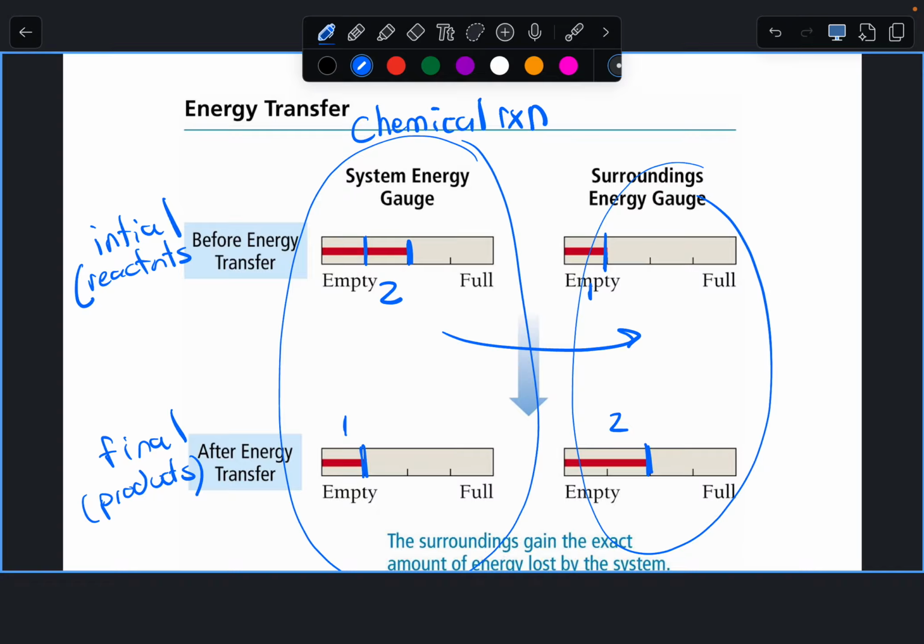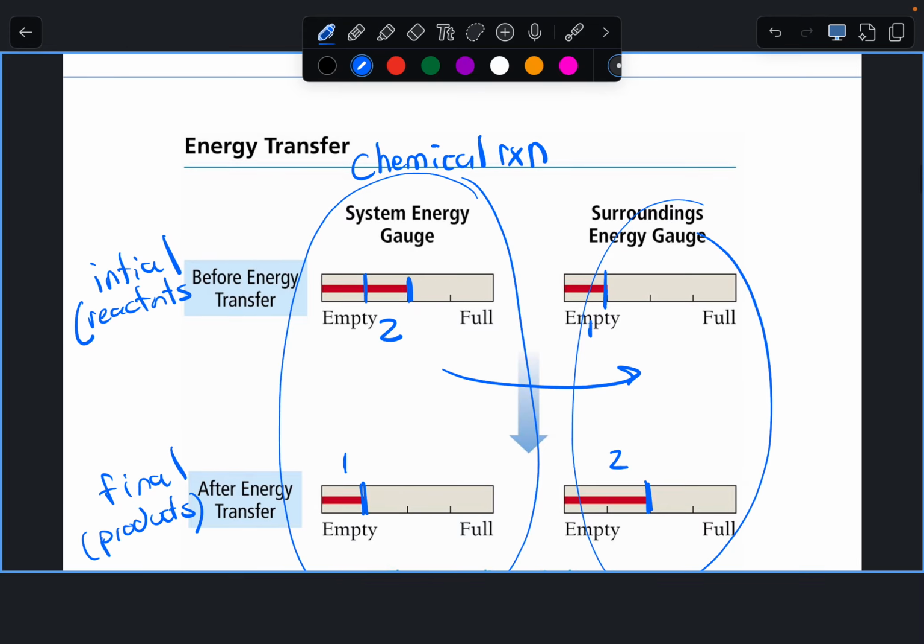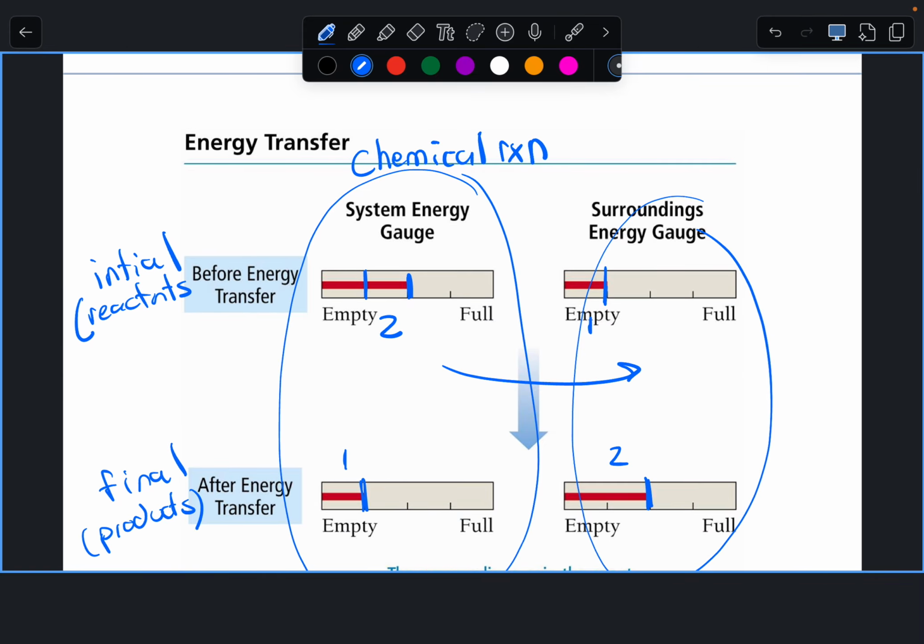1 unit. Well, how do we describe, though, the fact that the system lost a unit and the surroundings gained a unit? So it's very important because I don't think we have any engineers in here. But engineers always want to look at it from the surroundings perspective. Like they're trying to get something out of a chemical reaction.